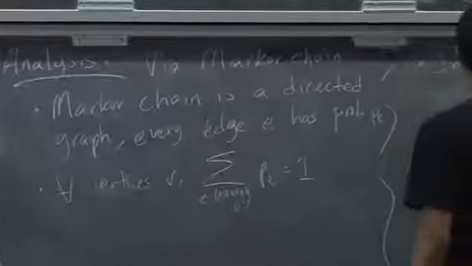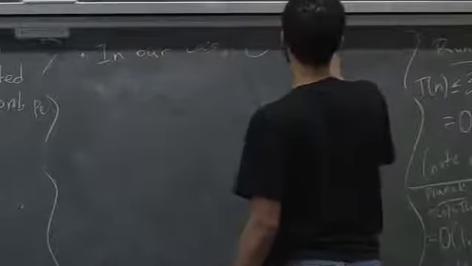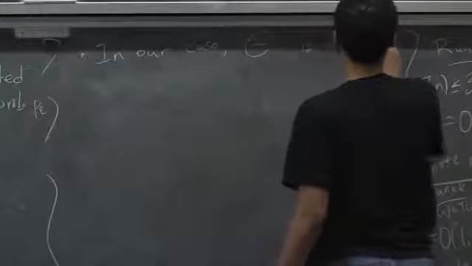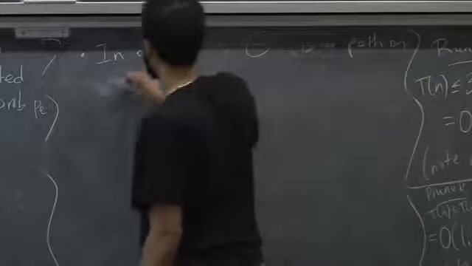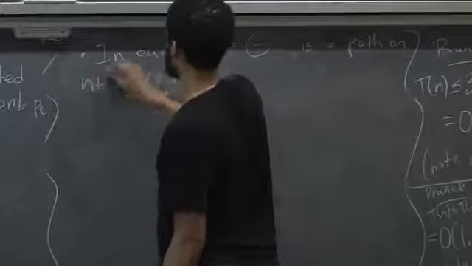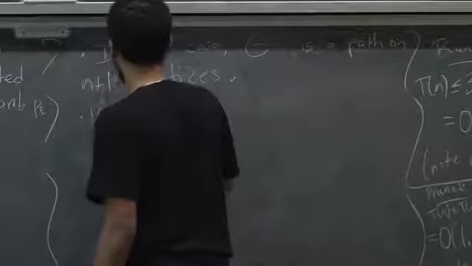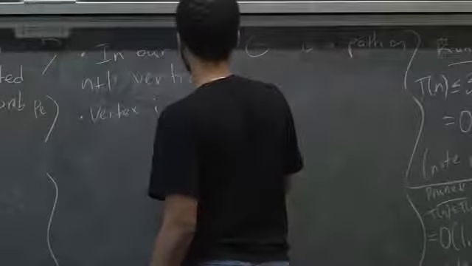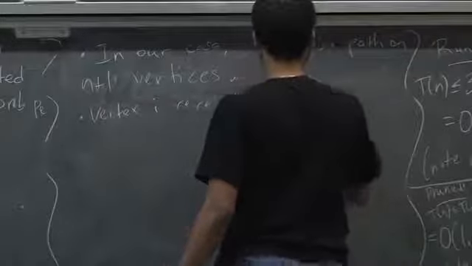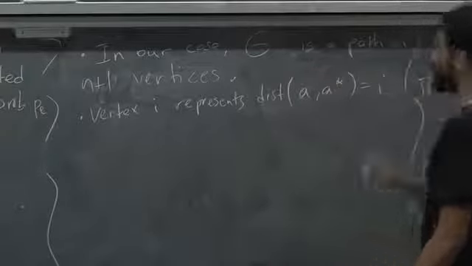In our case, the graph G is a path on n vertices, or n plus 1. And vertex i represents that the distance from A to A star is equal to i.